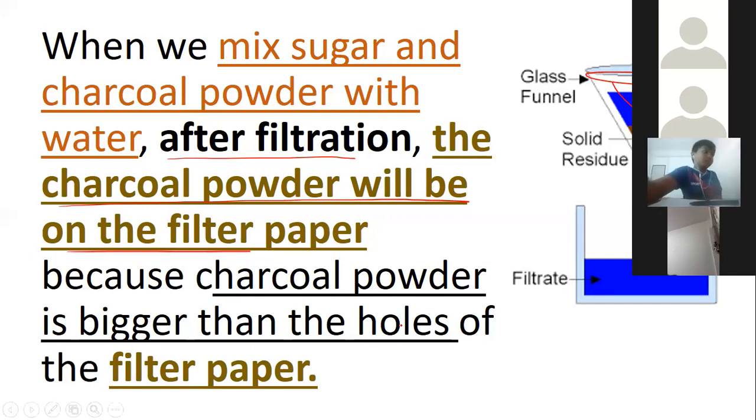For example, this is the filter paper, a square, and we will fold it like this.